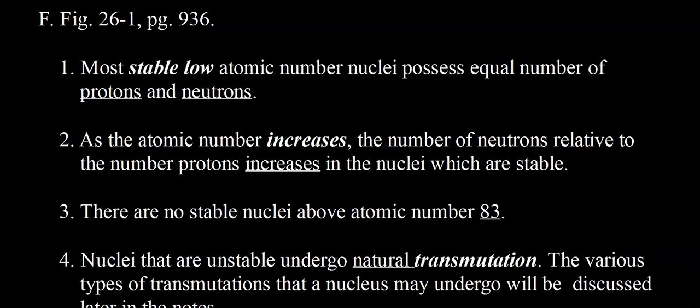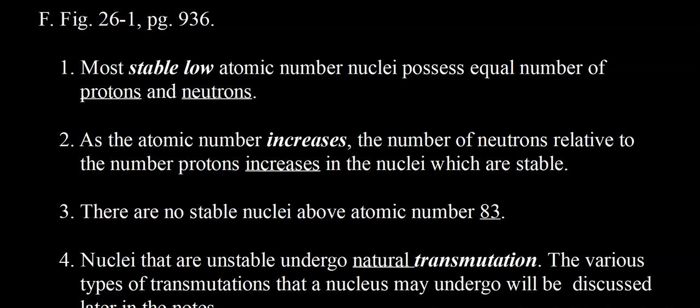So what are the factors that lead to an atom or nucleus being unstable? It's implied that if there's an odd number of protons, or odd number of protons and neutrons, then that's relatively unstable. There are some other things to consider. Go to page 936 in your books. We have a graph of the number of neutrons versus the number of protons. Something important to note is that most stable low atomic number nuclei have an equal number of protons and neutrons.